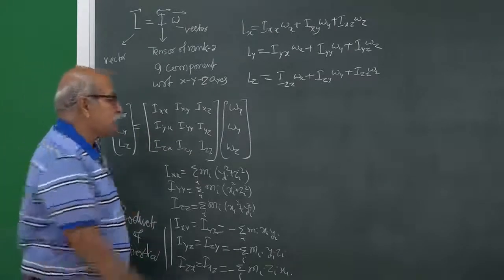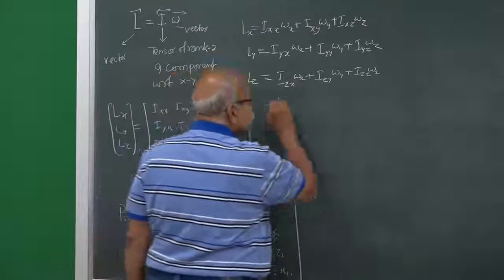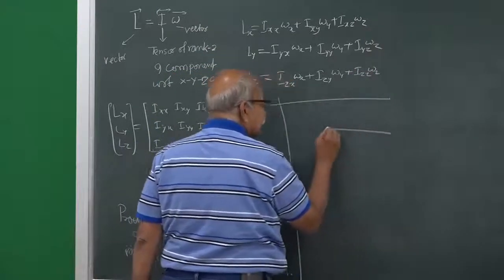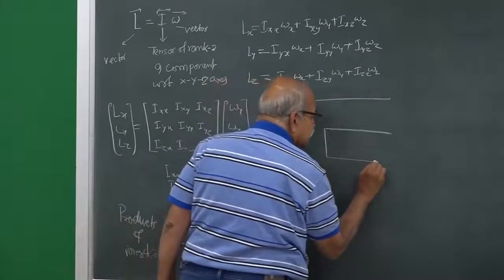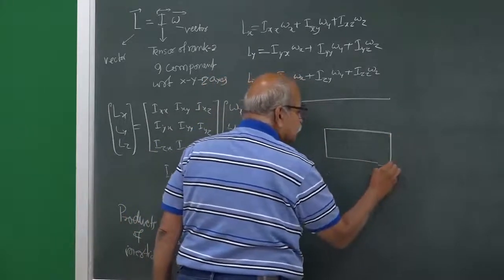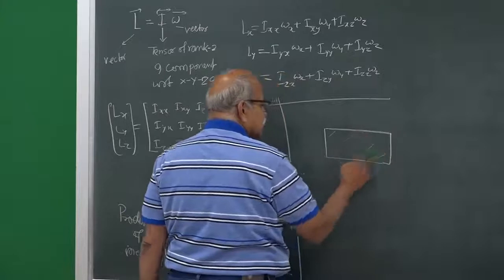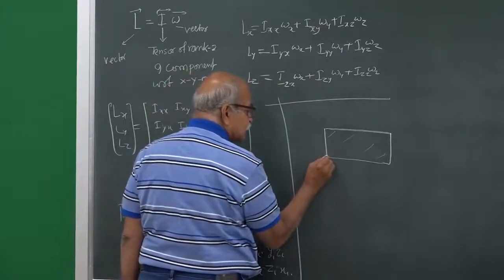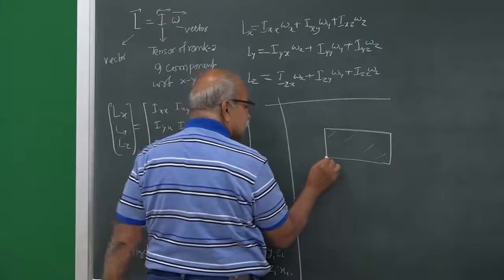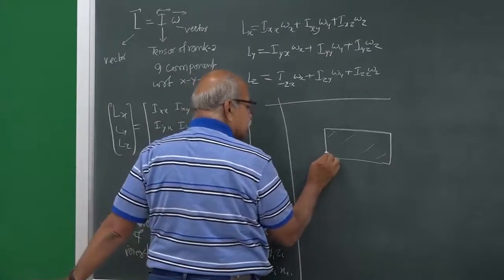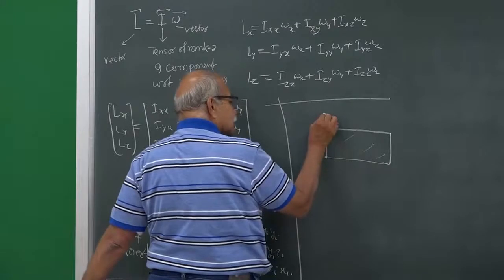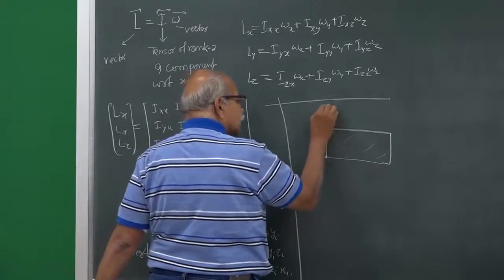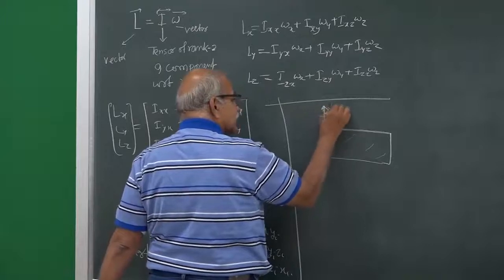So, let us take an example. I have a uniform rectangular plate, and this is the origin, and let us say it rotates about this axis, and therefore this omega vector is in this direction.